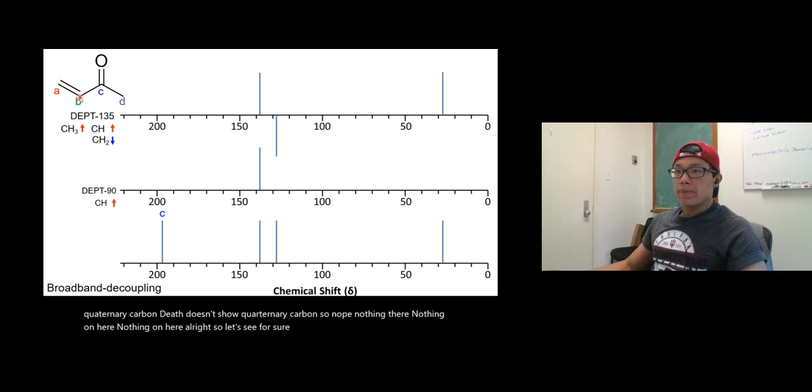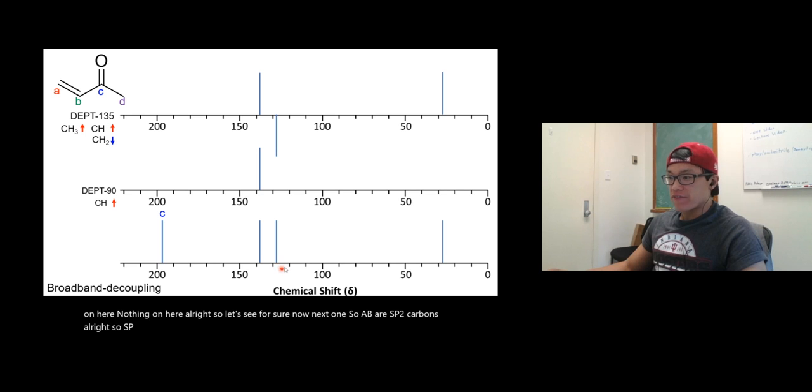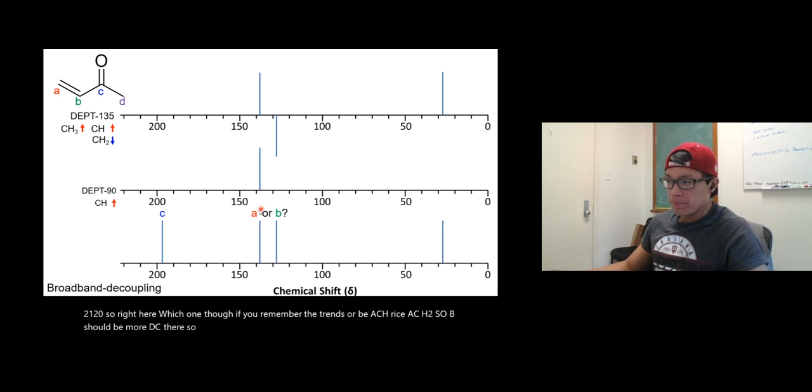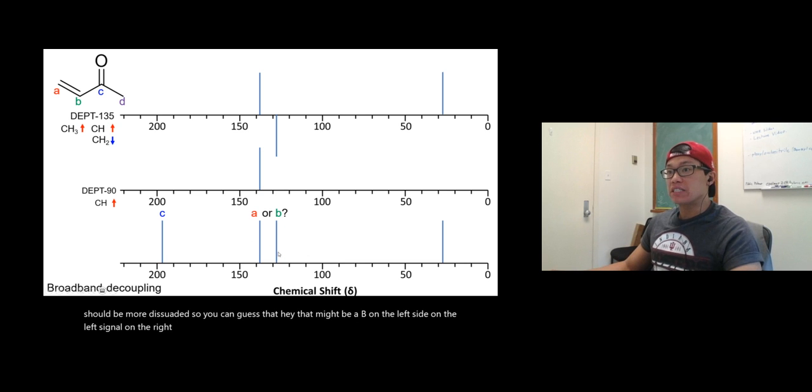Now, next one. A and B are sp2 carbons, in the region of about 150 to 120, so right here. There are two. Which one is which? If you remember the trend, B is a CH and A is a CH2, so B should be more deshielded. You can guess that B is the left signal and A is the right one. But DEPT actually confirms that.